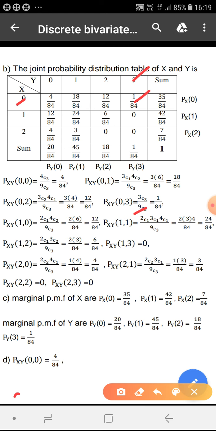Out of that many selections, the number of ways in which 3 white balls can be chosen: there are only 3 white balls and all the 3 are chosen, so the number of ways is 3C3. So the probability or the chance of selecting 3 white balls and 0 red ball is 3C3 by 9C3, which is 1 by 84.